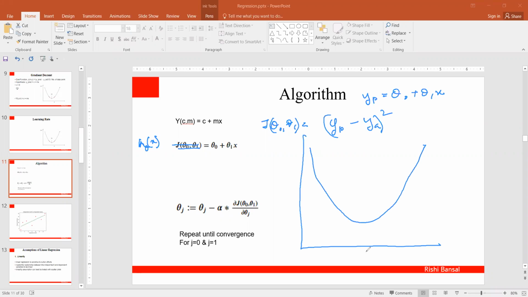In our equation here we are having two variables, theta 0 and theta 1. Don't get confused between m and theta 0. This is nothing but c plus mx. I am explaining with respect to m because it is easy to understand, otherwise m here is theta 1 only.